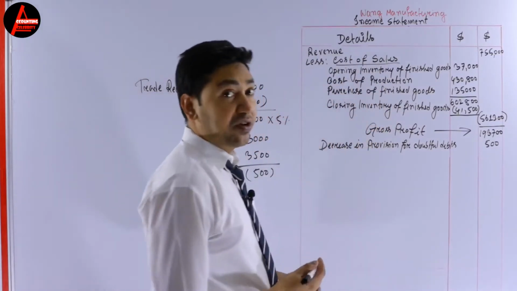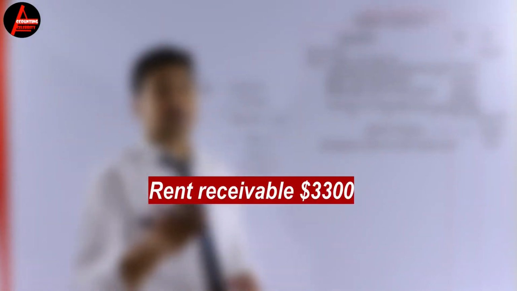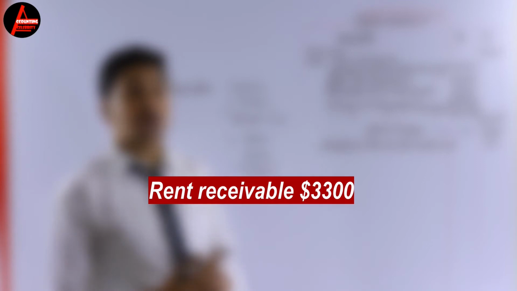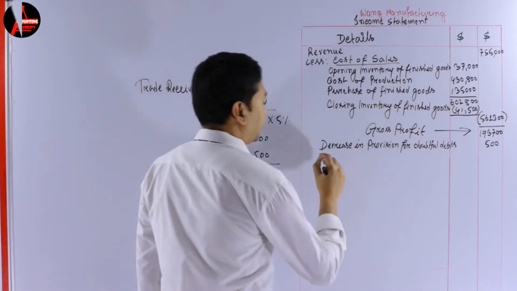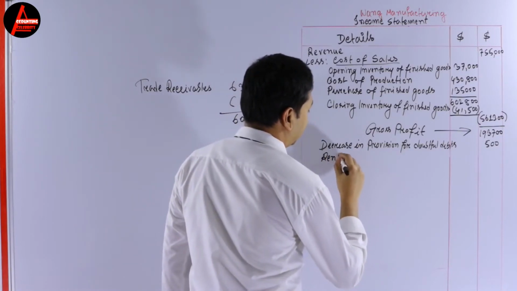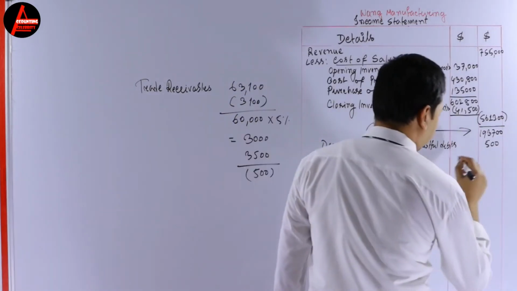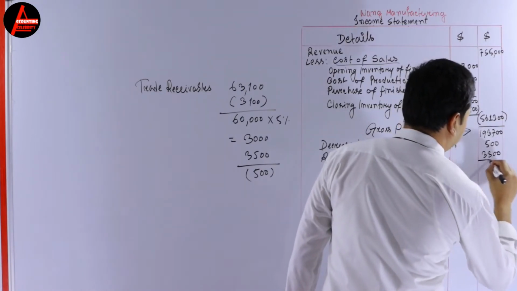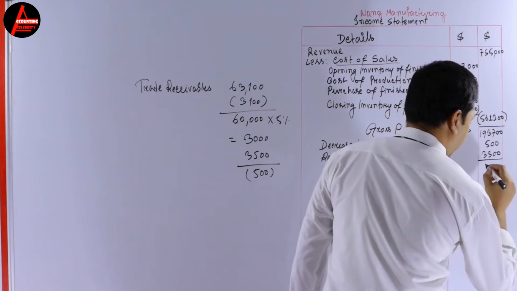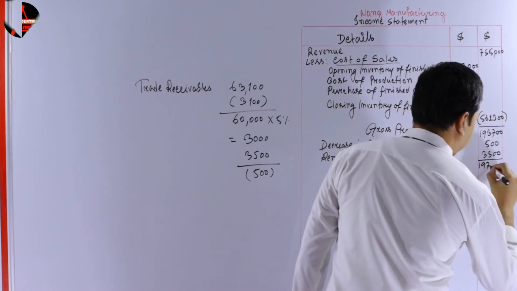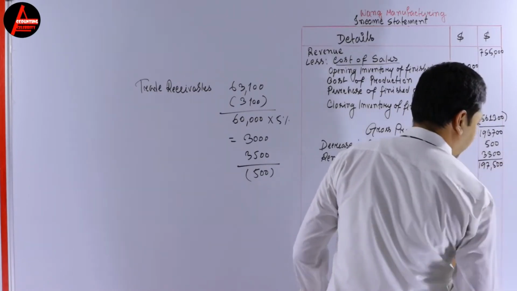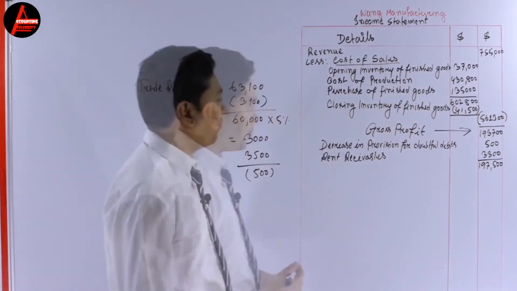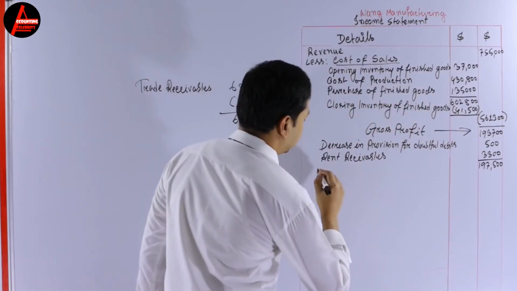Okay, then what do we have? We have one more item here, which is rent receivable. What is the value here? $3,300. So right here, rent receivable, the value $3,300. So if we add all this with the gross profit, our answer is $197,500.